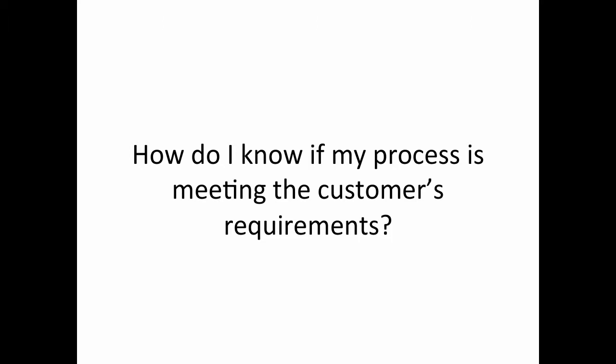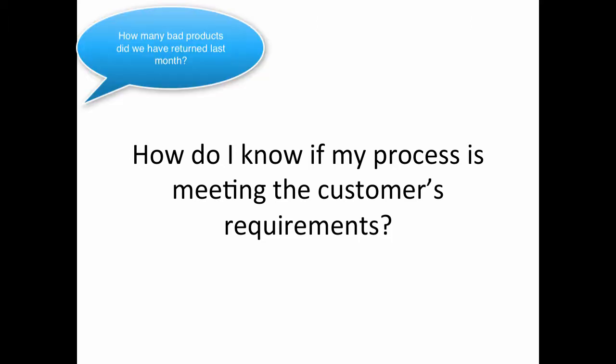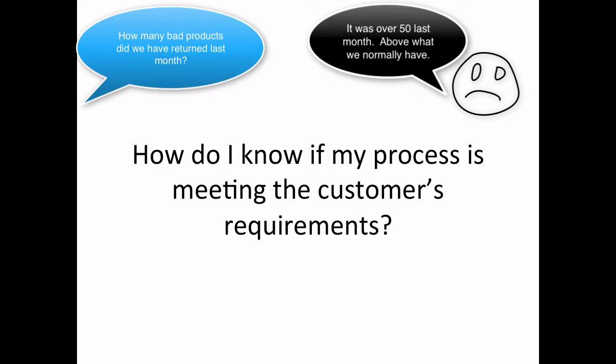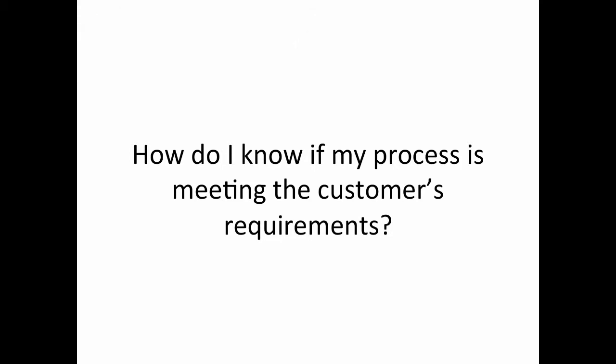Another company might say, well, what we do is we measure the number of rejected parts or returned defective parts from a customer. So if we have over a certain limit of returned products, then we realize that there's something wrong with our production process. Those answers, although common and with some value in them, are not the best way to know if our process is meeting a customer's requirements.